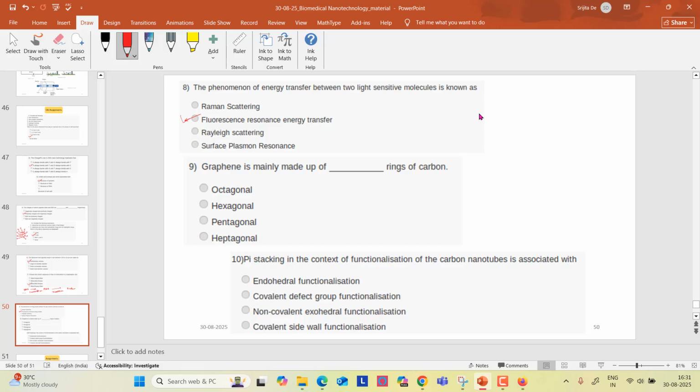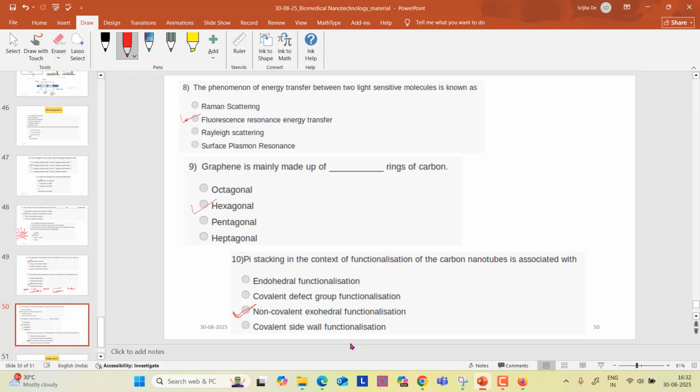Graphene is mainly made up of octagonal, hexagonal, pentagonal or heptagonal rings of carbon. Hexagonal. Yes, it is hexagonal. Pi stacking in the context of functionalization of carbon nanotubes is associated with the non-covalent exohedral functionalization. Okay.